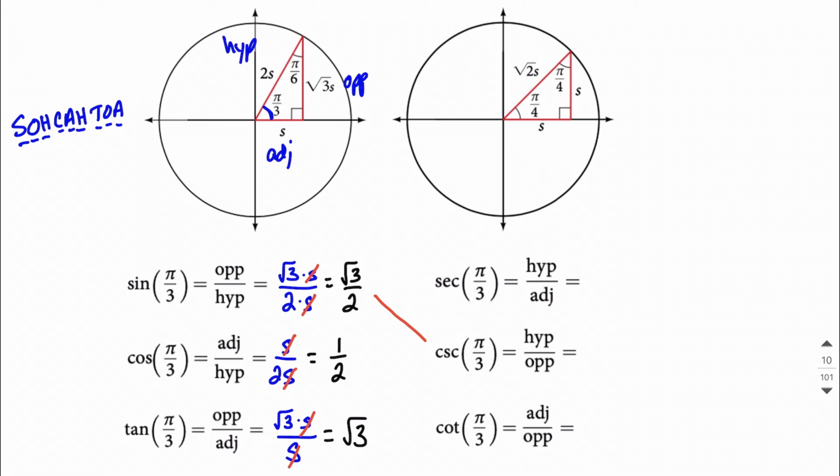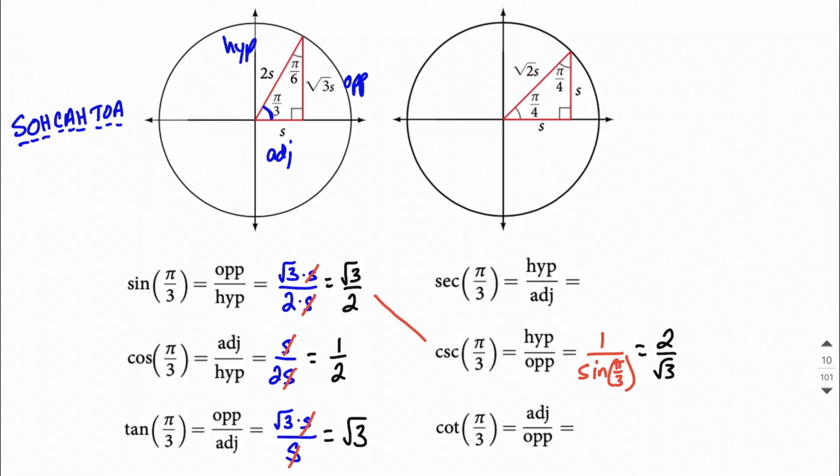All right, they're reciprocals of one another, meaning that we can say cosecant is 1 over sine of pi over 3 in this case. So what that really means is if you already have a ratio, a fraction for sine, all you have to do is flip it upside down. You have to take its reciprocal. So in our case, it's going to be 2 over the square root of 3.